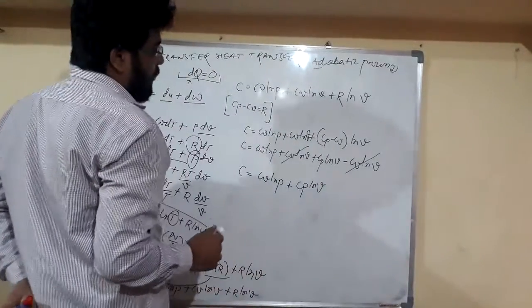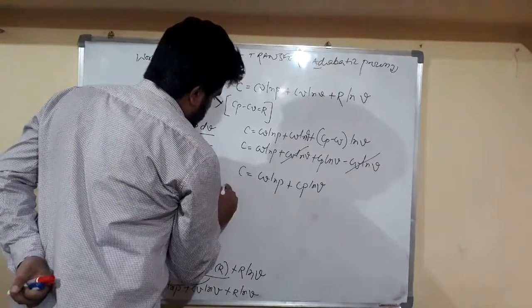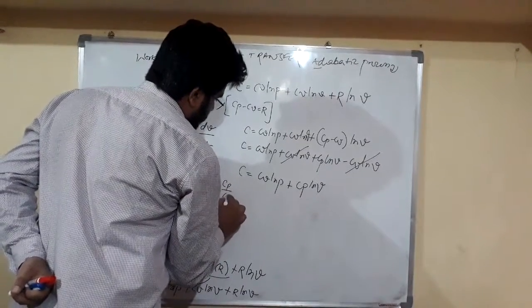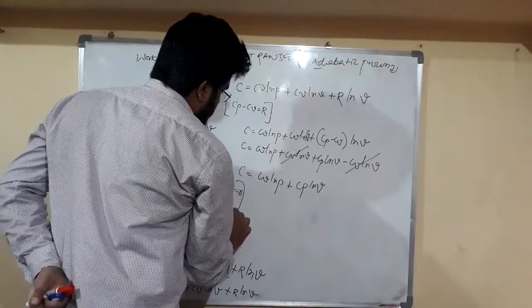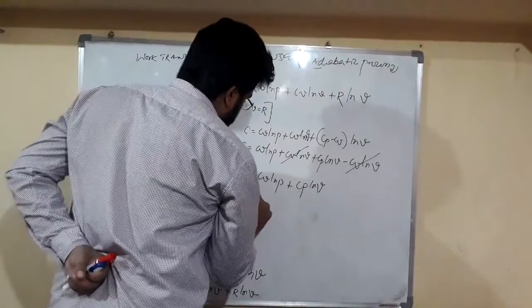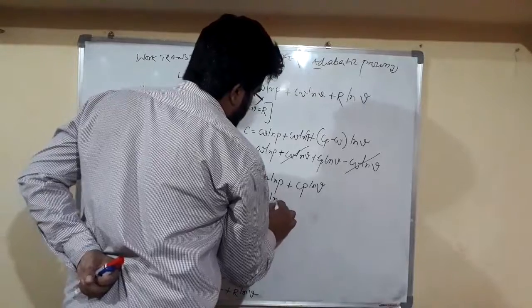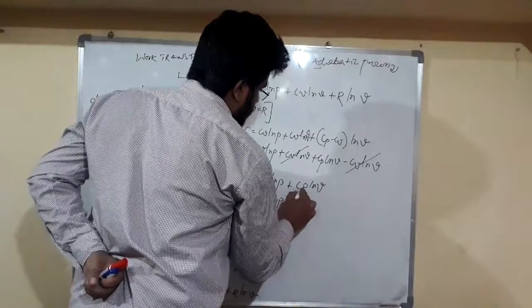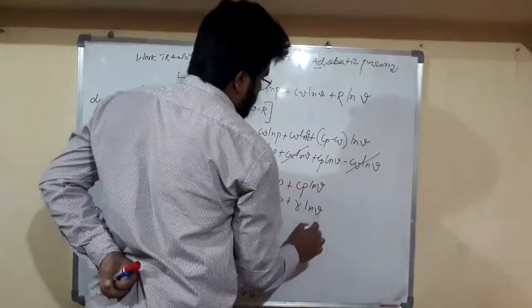Now friends, we also know that cp upon cv is equal to gamma. We know this equation friends. So friends, we will divide this whole equation by cv. So friends, it becomes c upon cv equals ln p friends plus cp upon cv becomes gamma ln v.